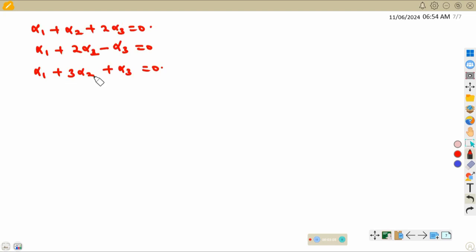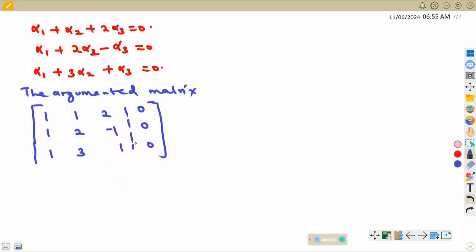For that case, we obtain these three equations. We need to solve and find the values of alpha 1, alpha 2, and alpha 3 given the three equations. So we shall form an augmented matrix, and use row operations to obtain the echelon form.